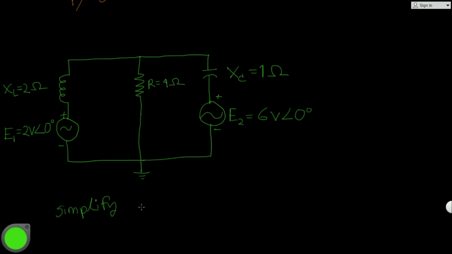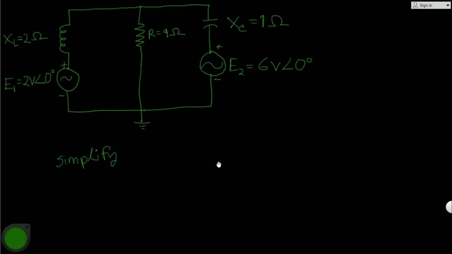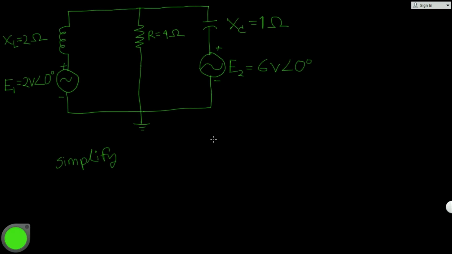And we can simplify this circuit. Actually this is a simple circuit and you don't need a simplification, but when you have inductor, resistor, and capacitor all in series, then you need a simplification of a circuit. This circuit does not need the simplification, but I'm just showing you the way.